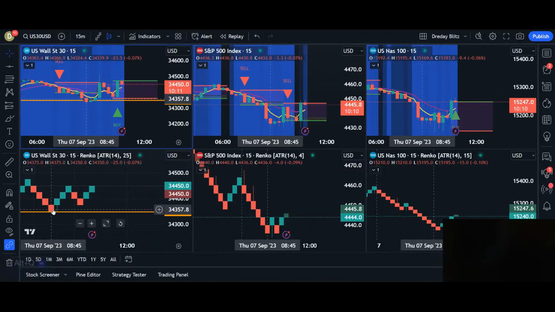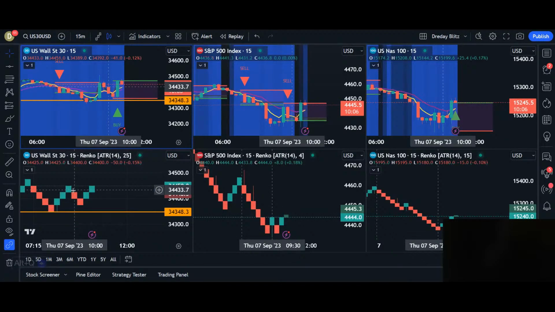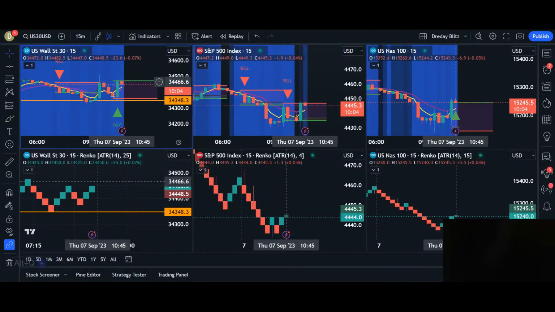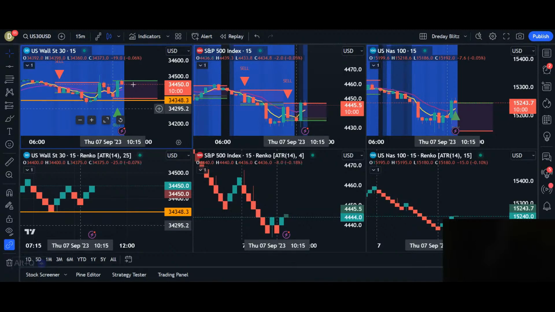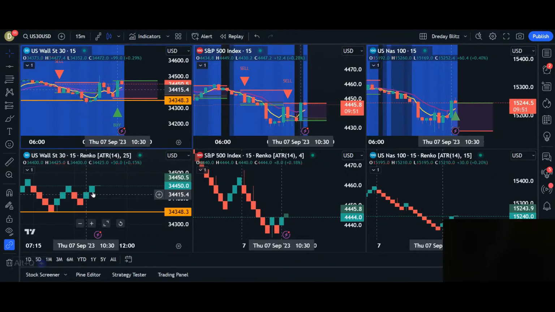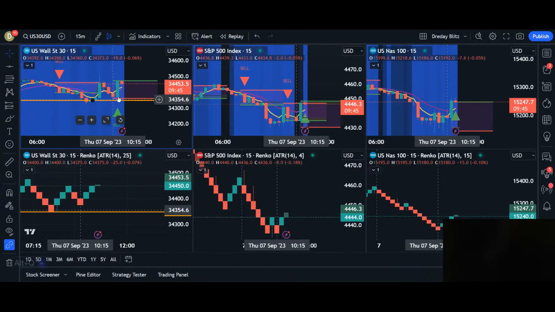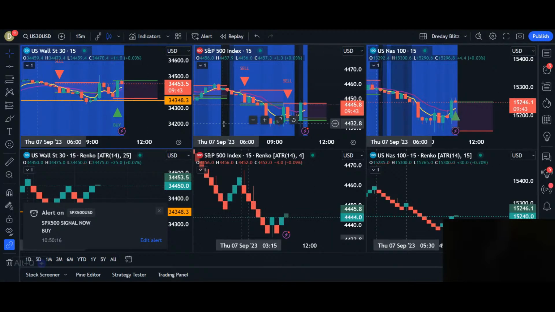So I put the line here for you, and it never touched my line. Even though it was retracing, I was confident it was still going up. Why? Because of my analysis. So now it went down, and then it did a big push up, and now it's going up. But if I had added my emotion in the trade, I would be scared, and I would close my trade already.